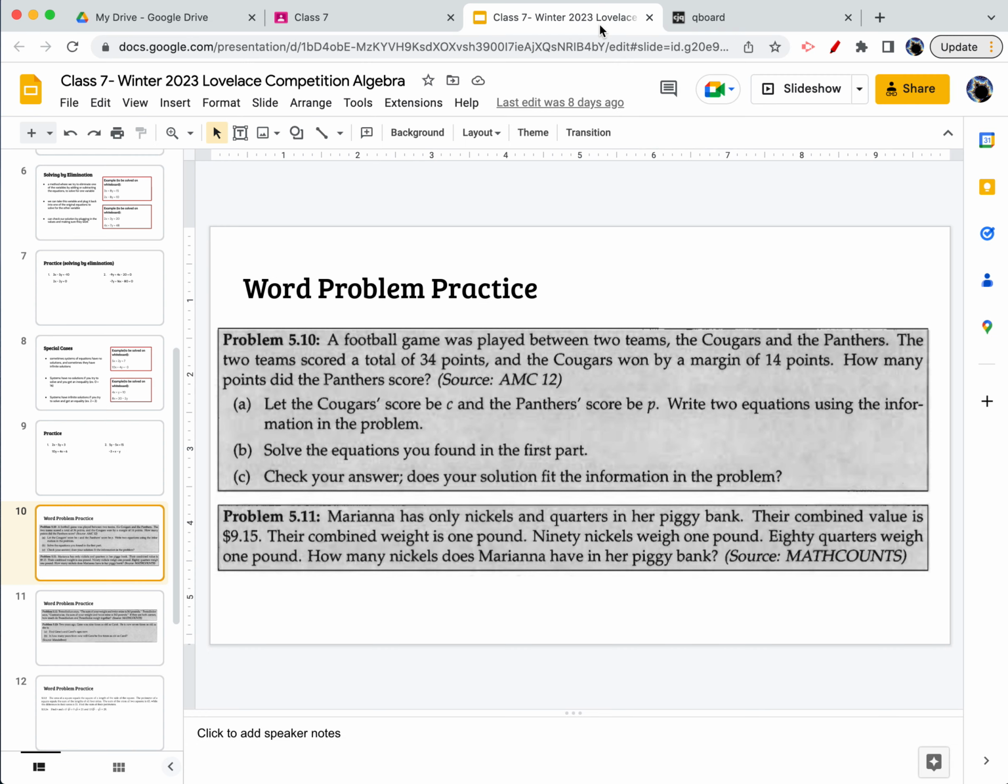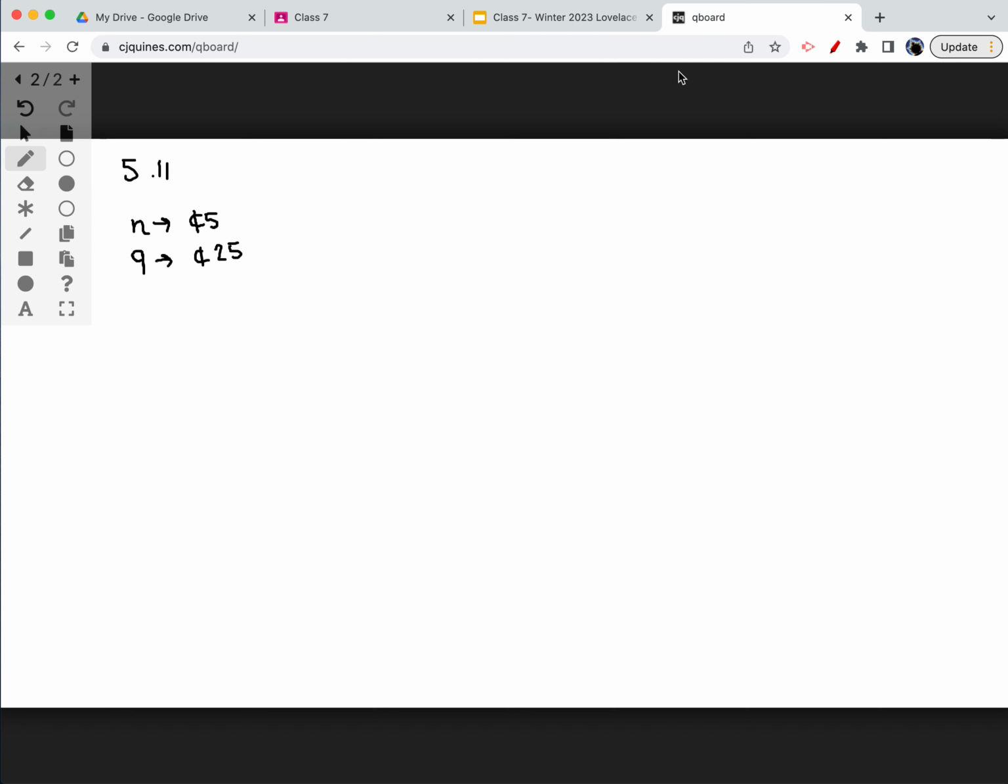Then it says that their combined value is $9.15 and their combined weight is 1 pound. So we see that we have two values here. We have both the money, the quantitative amount, and the weight. So that means that we would need two different systems.